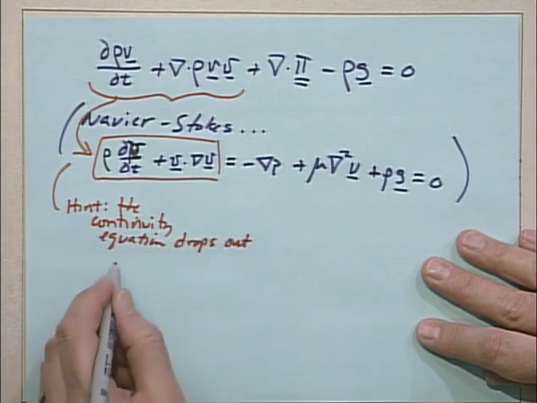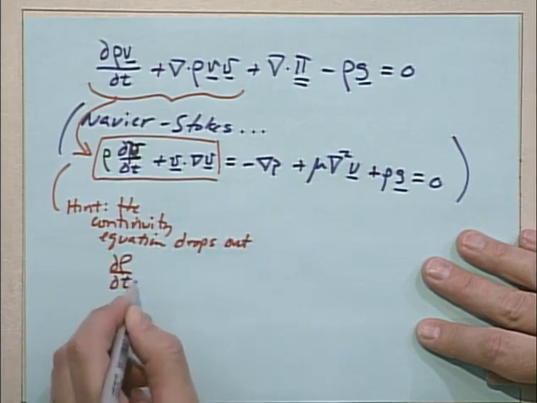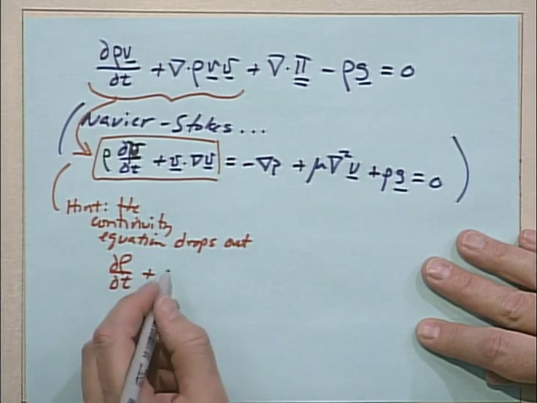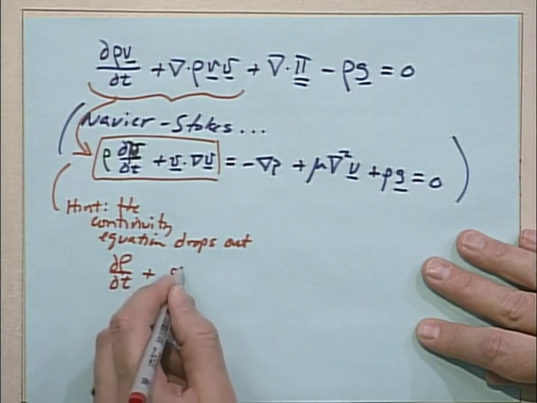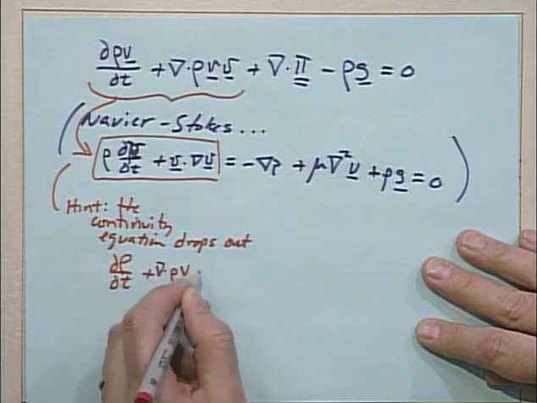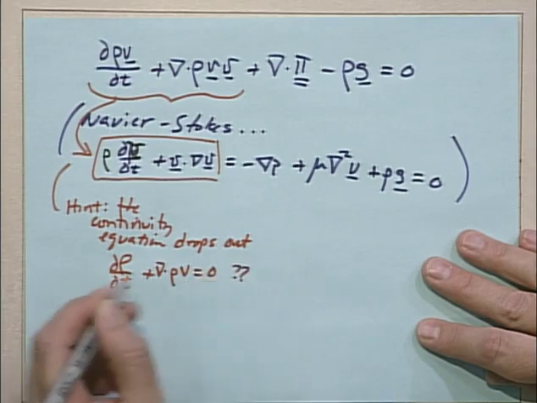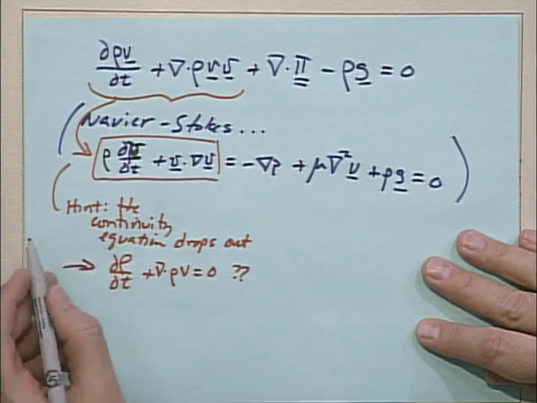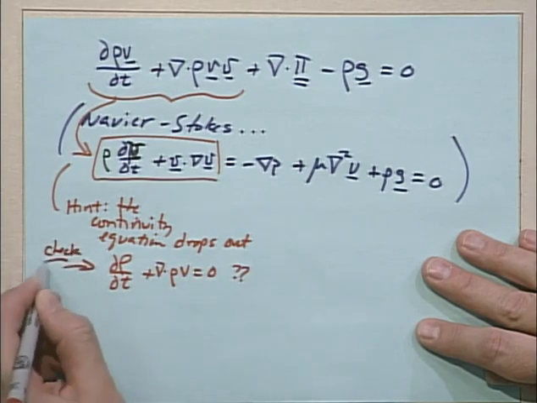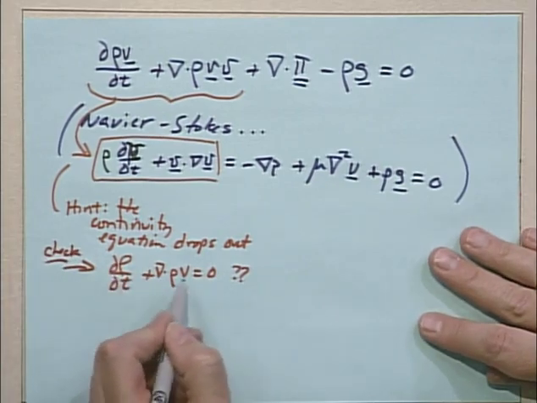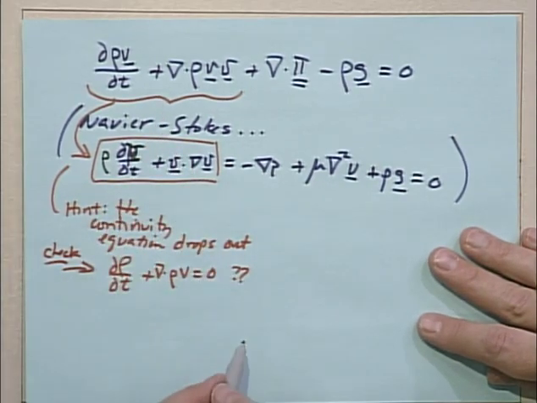Let's see if I can remember it. It's the rate of change of the density. I think it's... check this. I think that's the continuity equation. Okay, but these two terms are in there, and it drops out.